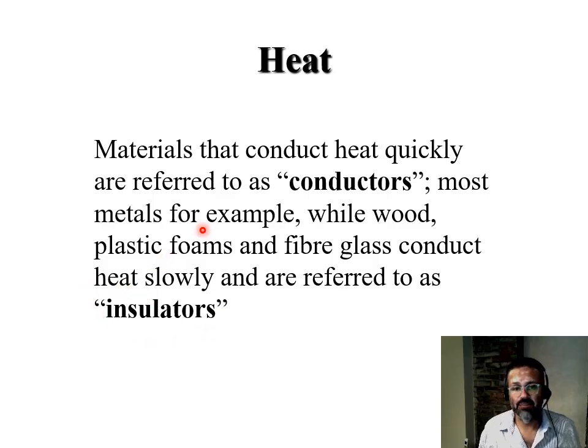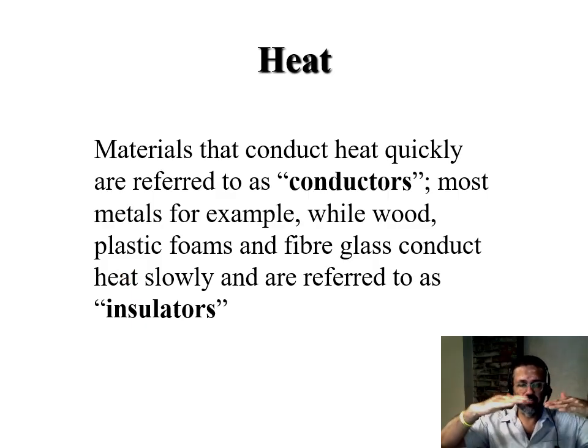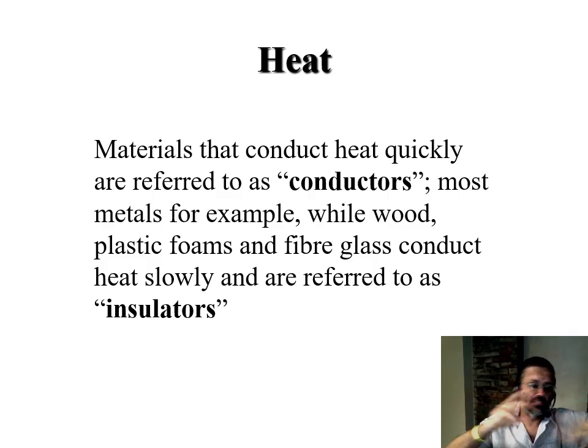But if you compare wood to insulation, wood would be a conductor compared to insulation like fiberglass, or even cellulose, which is a better insulator because it has a lot more air pockets and it's harder to conduct. We'll get into that a little more. Conductor and insulator are relative terms, because it depends on the two or three materials you're comparing.